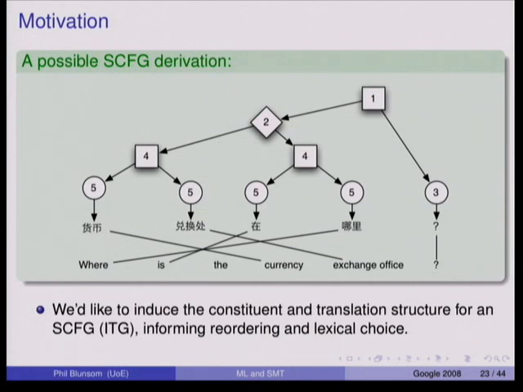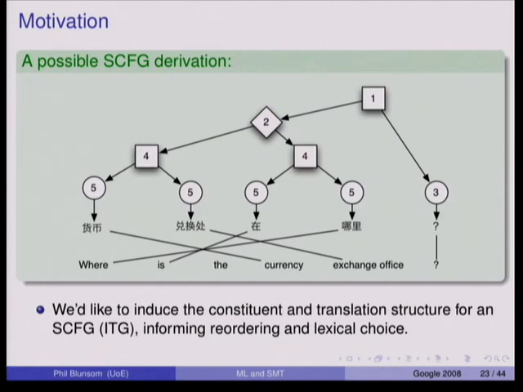So maybe we'd hope to be able to learn ITGs like this, where we can learn the correspondences in translation, but also some sort of labeling on the constituents within the derivation. And maybe we can learn that certain labels for constituents have a higher probability of reordering or occurring after or near in combination with other labels. So this is the sort of thing that ideally we might like to learn.